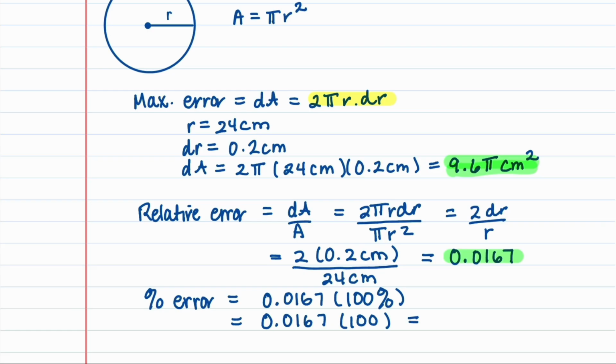And that gives us a value of 1.67%. So this calculation tells us that if the error in our radius is 0.2 centimeters, the percentage error in our area is 1.67%. And that's it.